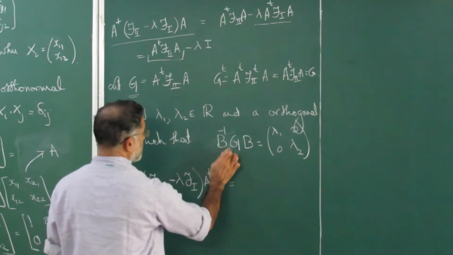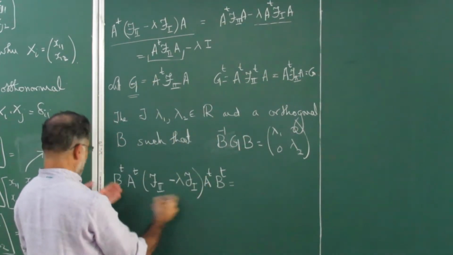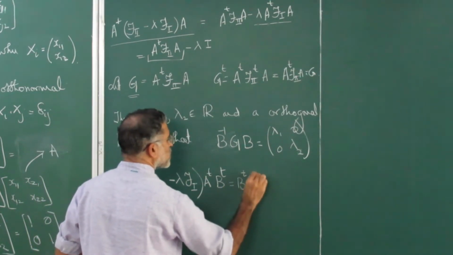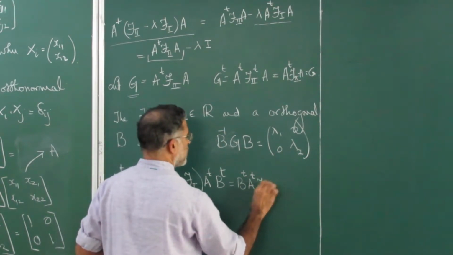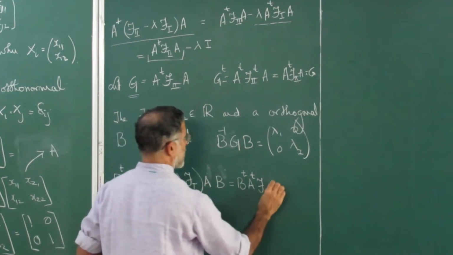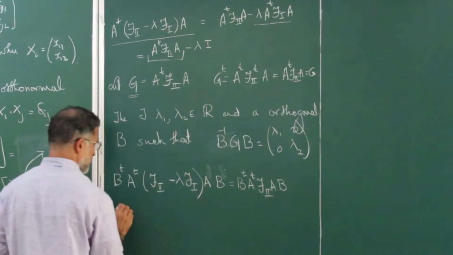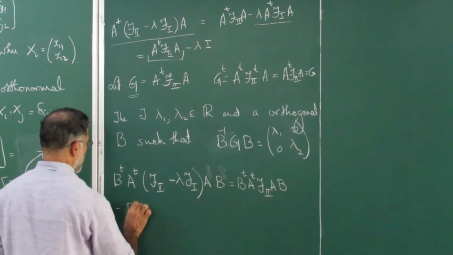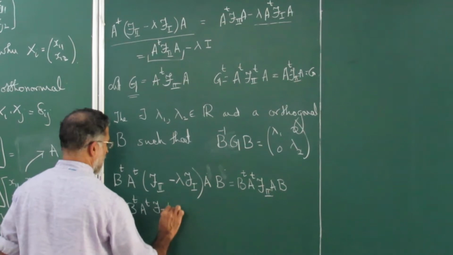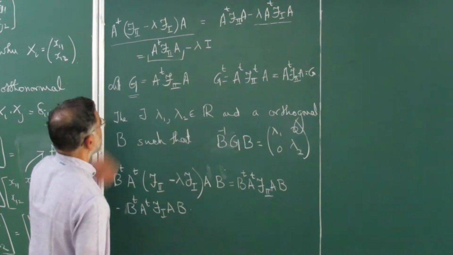This B is a new object we have found from this particular. So this is the matrix equation you write. The first one is B transpose A transpose F2 A B, minus again the other one, B transpose A transpose F1 A B. So this is what we are getting, the same equation.